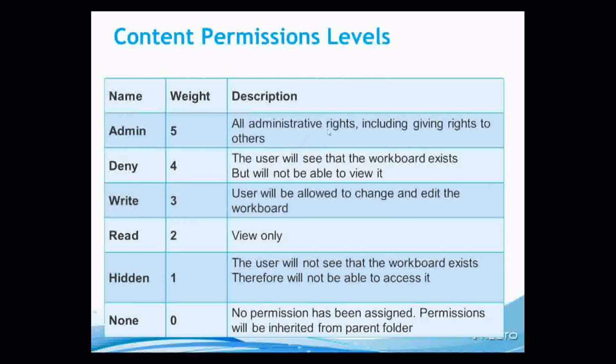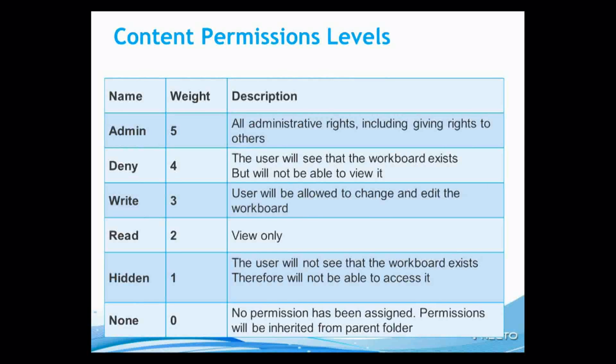Okay, let's continue. Now we have a very important table. This table says that we have a couple of permission levels, and then every permission level has a weight that gives it the ability to be on top of another permission.